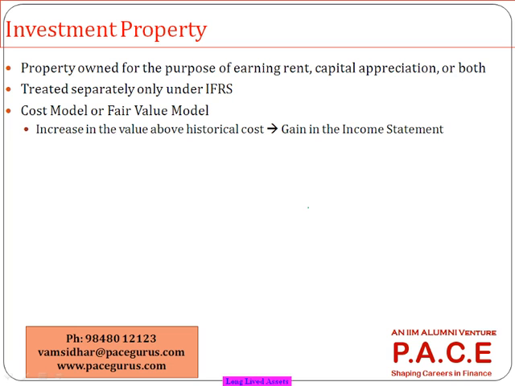And any revaluation you are doing, the difference is only with respect to revaluation. Earlier, what did we say? Any gain that comes because of revaluation, you are taking it into other comprehensive income.